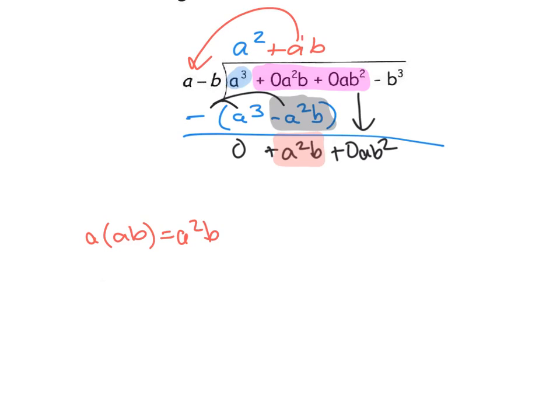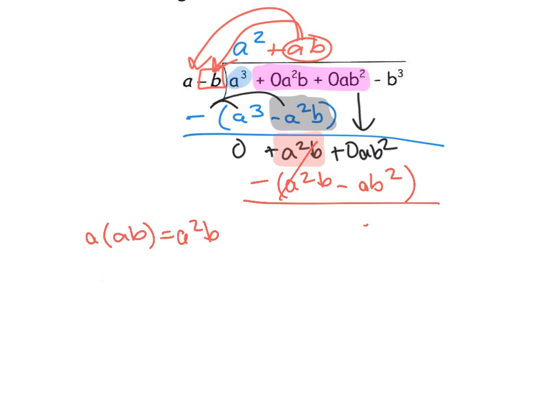And we can multiply back. ab times a is a squared b, and ab times negative b is negative ab squared. And we're just going to distribute. We'll see these cancel out, and I'm left with positive ab squared. And as always, we bring down that last term.